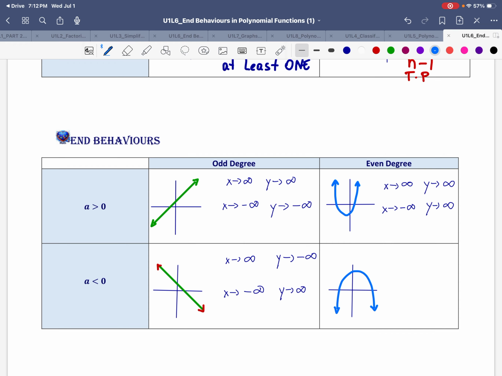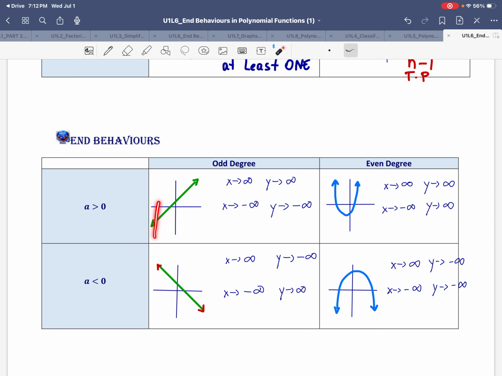So in this case, as x approaches both positive and negative infinity, the y values go down to negative infinity. And that's how we describe the end behaviors for any even degree or any odd degree polynomial function.